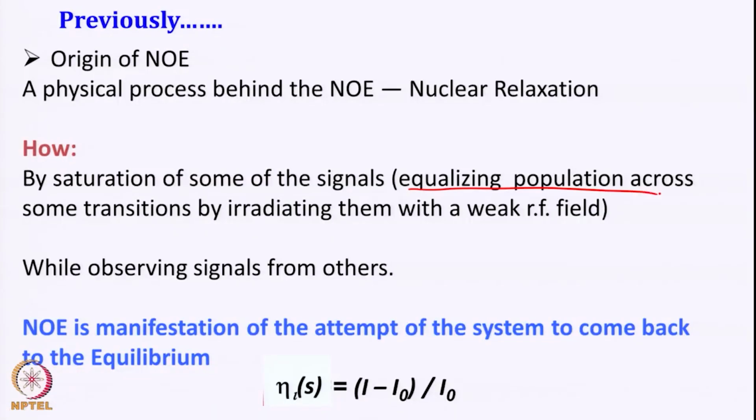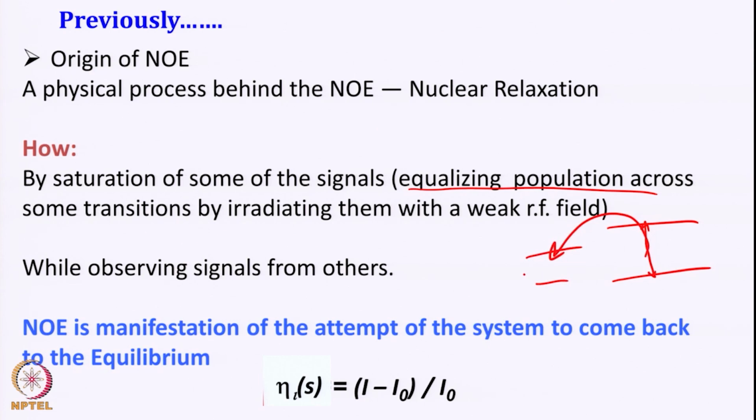This saturation pulse equalizes the population across these transitions, and then we look at what is happening on the other spin. We equalize the population by irradiation and look at the effect of this on another coupled spin.